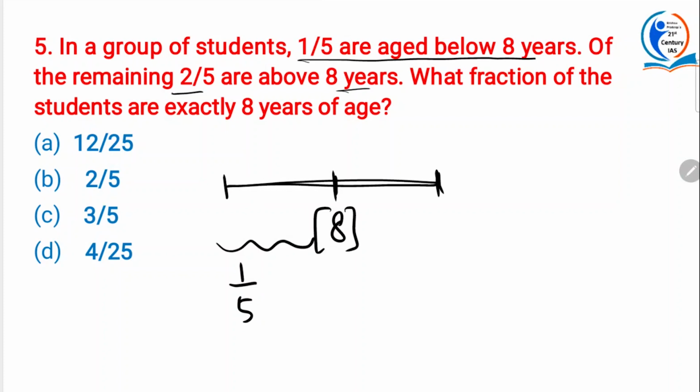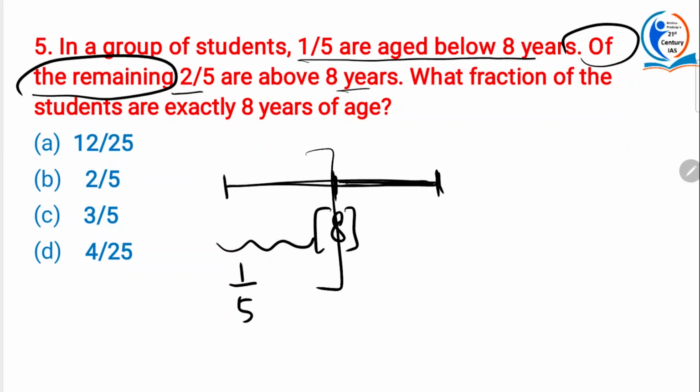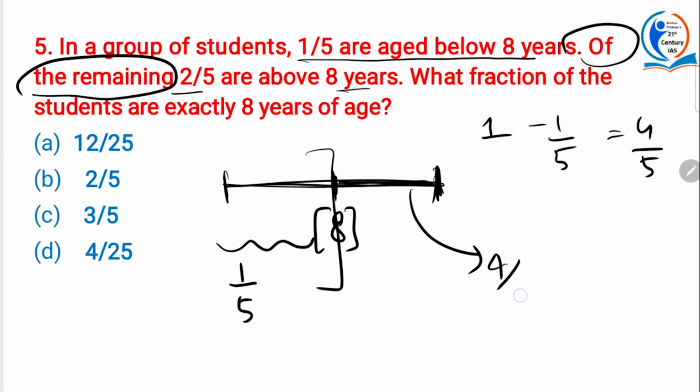Alright. Now, of the remaining, this is important, of the remaining, that means this is the entire remaining part, no, because this is 1/5. So, this is remaining. How much is remaining? If you take this total to be 1, that is 100%, how much will remain? 1 minus 1 by 5, that is 4 by 5 will remain. 4 by 5 of the total, this is remaining.